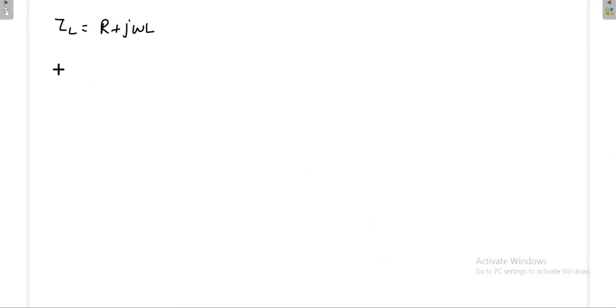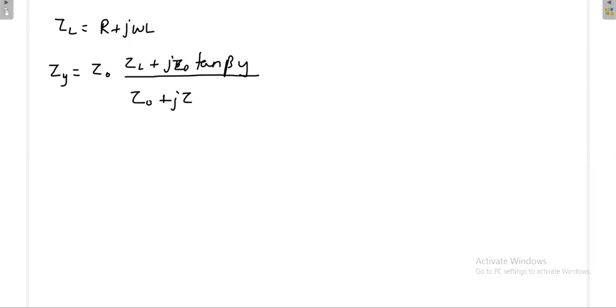Now what is the impedance anywhere on the transmission line? Z(y) is equal to Z0 times (ZL plus j Z0 tan beta y) divided by (Z0 plus j ZL tan beta y). Tell me, what will happen if I normalize this?